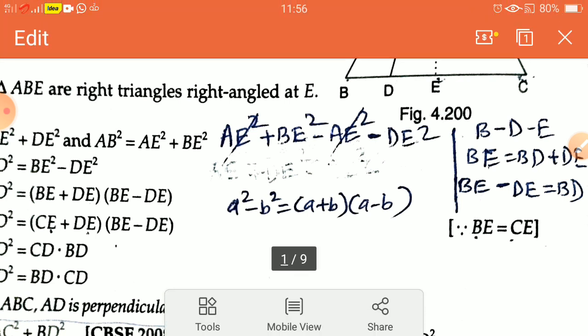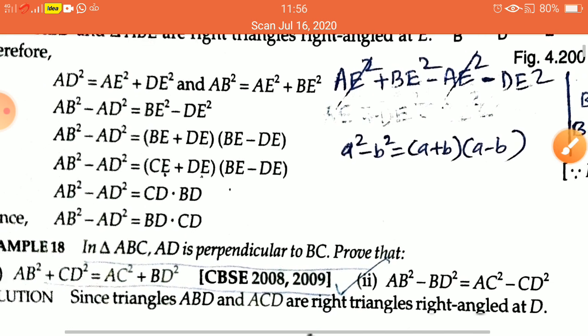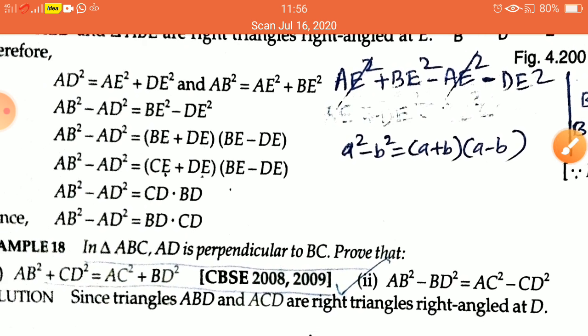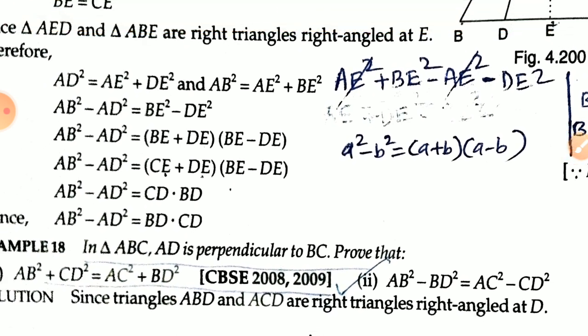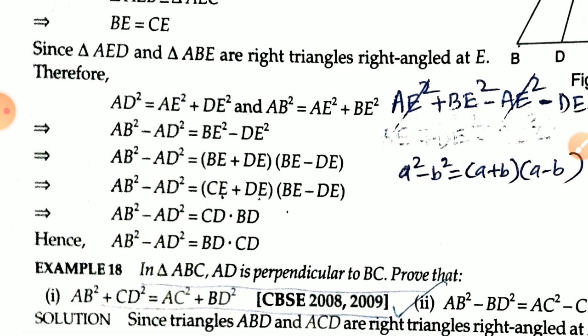So here b minus d equal to bd, and therefore we got ab square minus ad square is equal to bd into cd or cd into bd. So in this way we have solved our example.